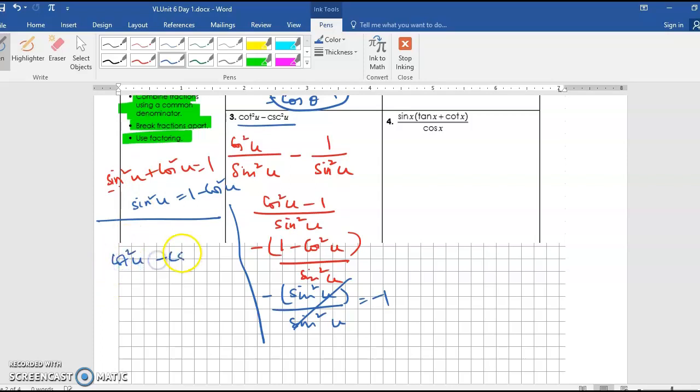Cot square u minus cosecant square u, and cot square u is cosecant square u minus 1. And we have this already here, right? And this will cancel off and you can write the answer simply. See, this was just 2 steps, but here there are several steps.